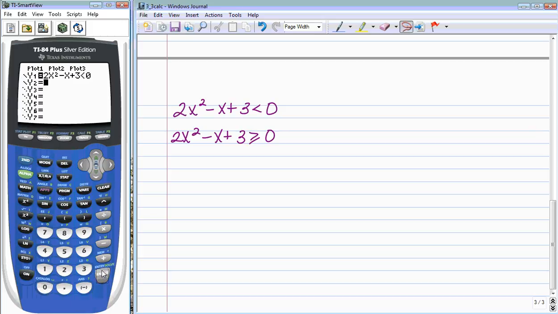And enter. And then graph. I see that nothing gets graphed, so that tells me that's the empty set. If I change that to be greater than or equal to 0 and graph, that's everywhere. So that's just a way to use the calculator to solve equations and inequalities.